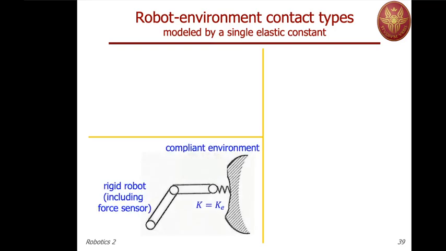So the situation that we have just seen would be good if we have a rigid robot, and this rigid robot may include also a force sensor. Remember that a force sensor is always an object that has internally some deformation.